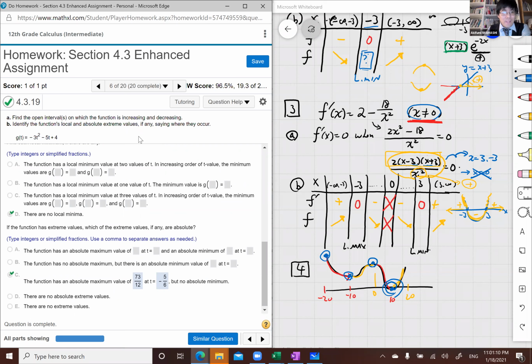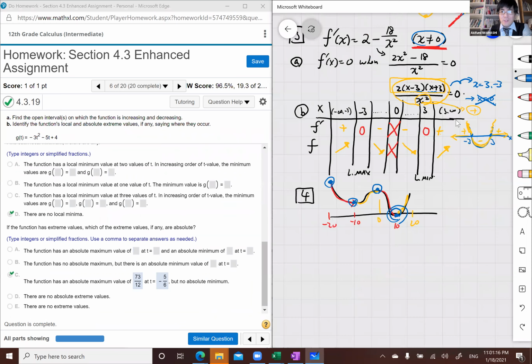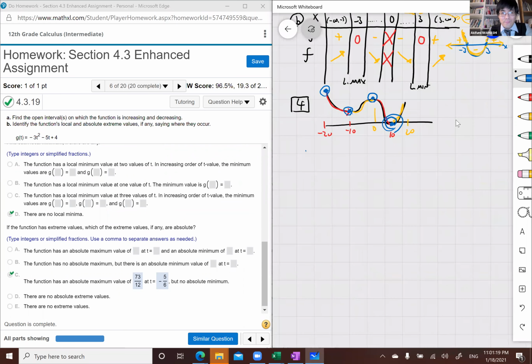Okay, now you have a quadratic function. g of t is equal to -3t squared minus 5t plus 4. And the question is about finding where it is increasing and where it is decreasing.